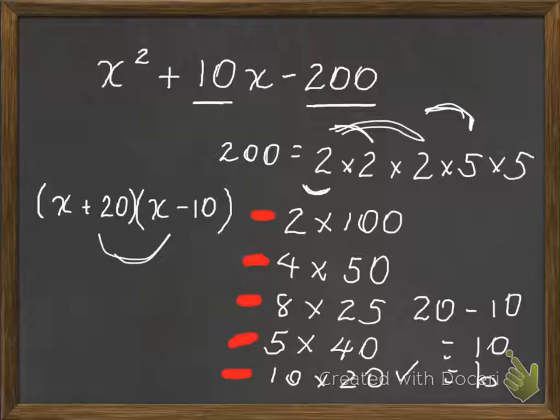But it does matter what the signs on your numbers are. This must be positive 20 and this must be negative 10, because we need a positive B, and these have to sum to give us a positive. Okay? So they sum to give us a positive, and they multiply to give us this negative. So this is our answer.